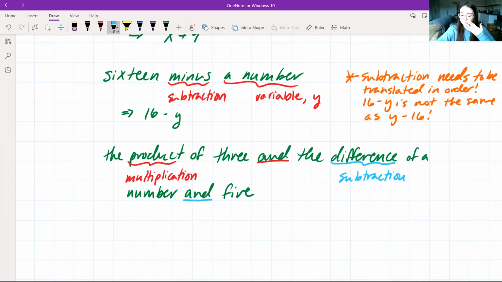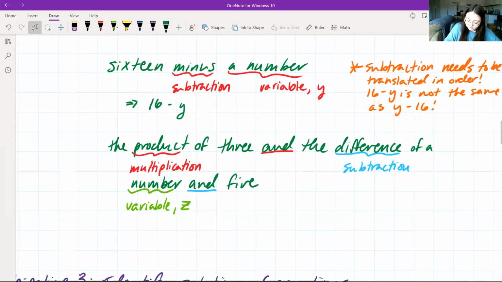We also now have, and let's put this in a different color since we are identifying things in different colors, the difference of a number and 5, and this number is indicating our variable. Let's make our variable this time z. So we have this product of 3 and the difference.